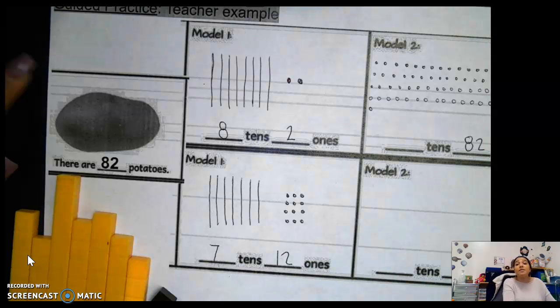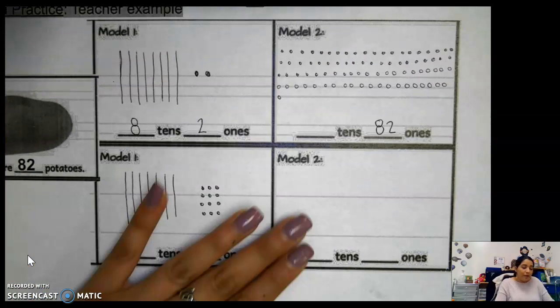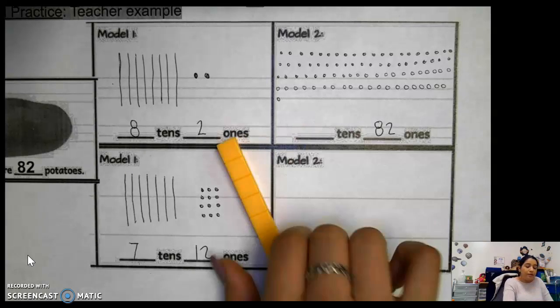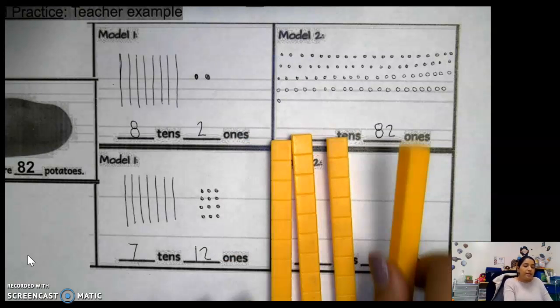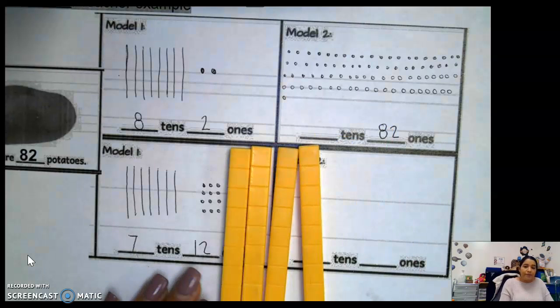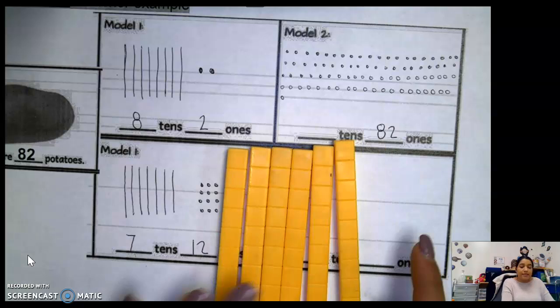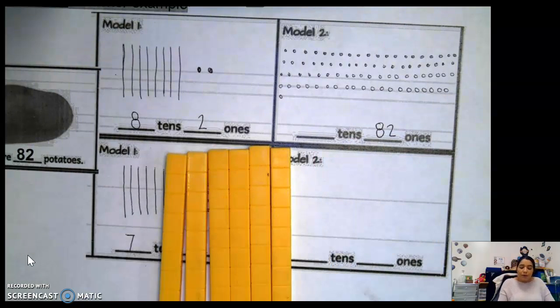Now let's think of another way to show 82. Our fourth way. So I could always get 10, 20, 30, 40, 50, 60, and then I'm going to count the rest with my ones.